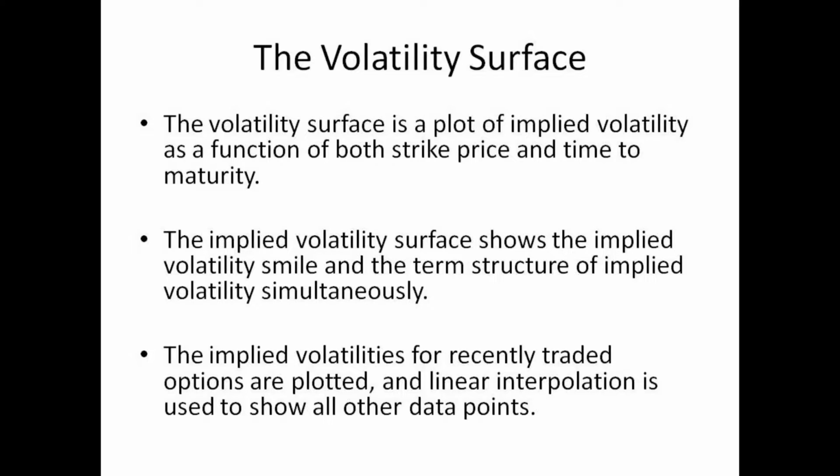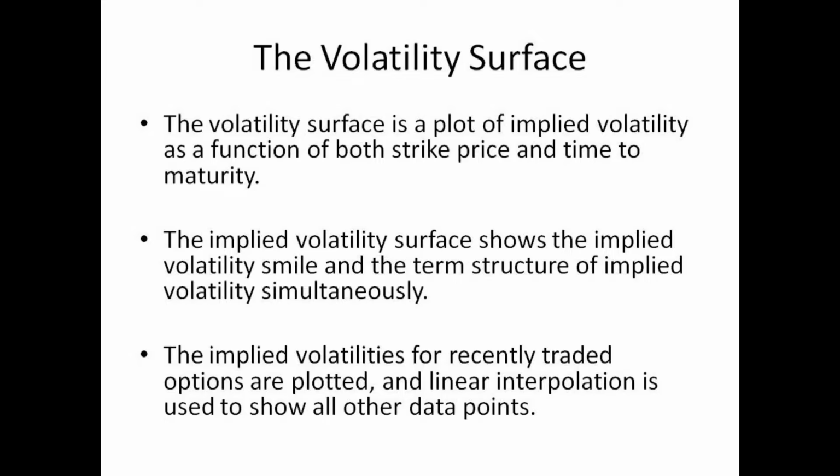So that moves us along to the concept of the volatility surface. The volatility surface is what we get when we combine the smile or skew with the term structure of volatility. So the volatility surface is a plot of implied volatility as a function of both strike price and time to expiration.